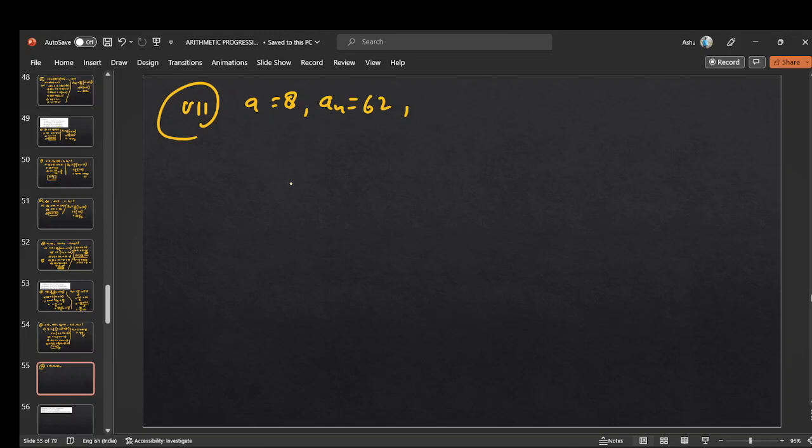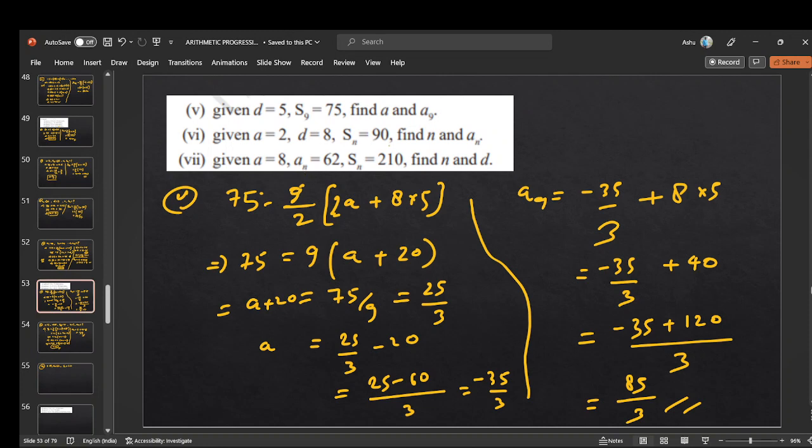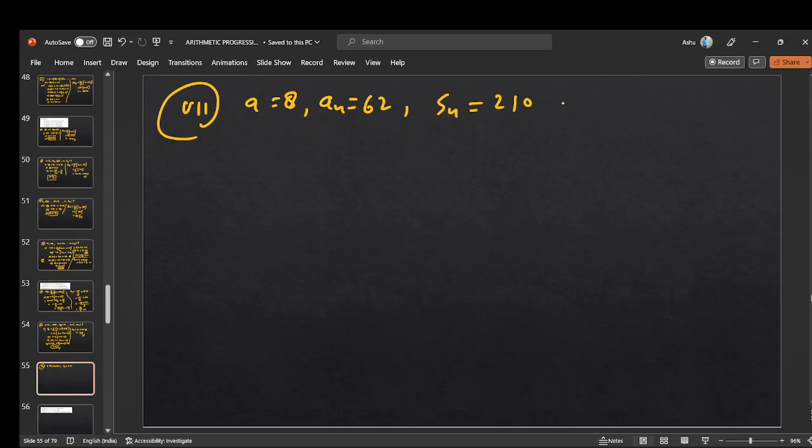An is 62 and Sn is 210. Then find out the n and d. Clear?